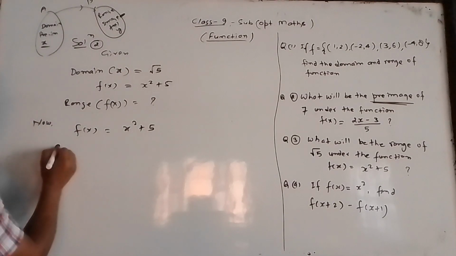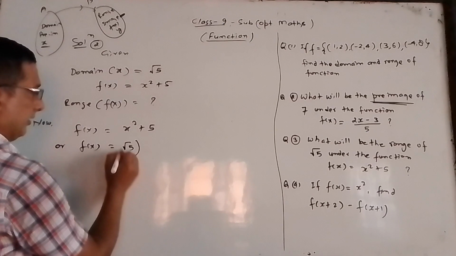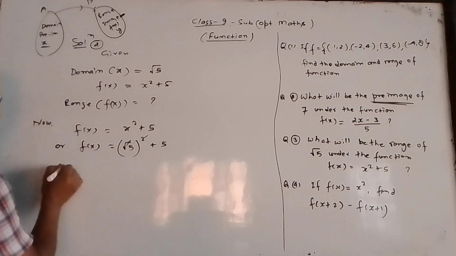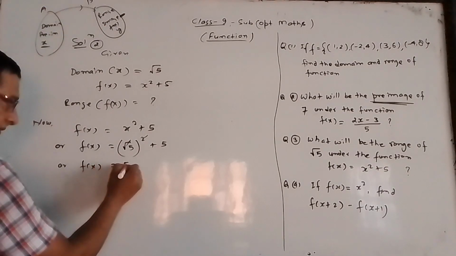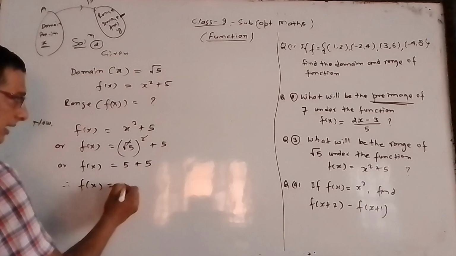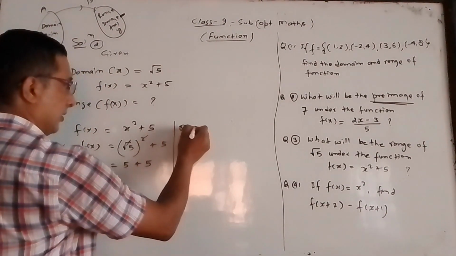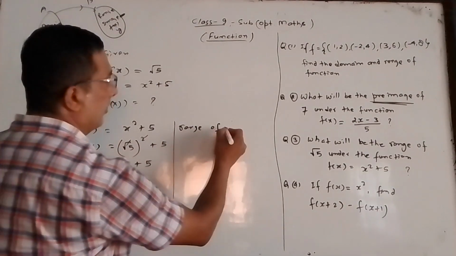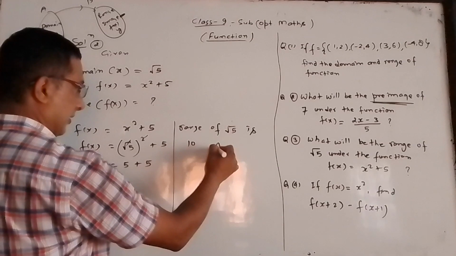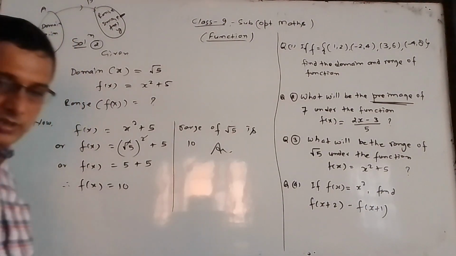Put it here: 5 plus 5 is 10. Then our answer is the range of root 5 is 10. Is that clear? So, and the last question.